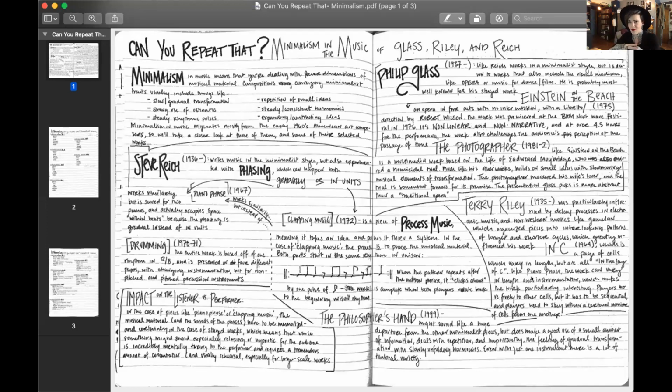And often minimalism uses abundantly ostinatos, repeating musical ideas that fluctuate, that either grow rhythmically or in terms of volume or complexity, or the reverse, become more primitive.